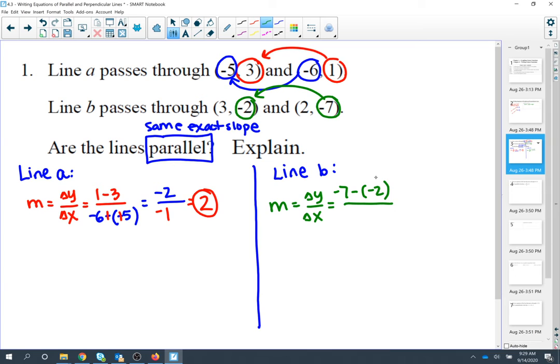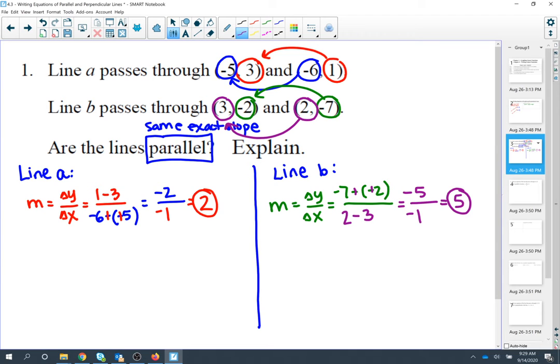And again, be careful of those negatives. 2 and 3, 2 minus 3. -7 minus -2 is going to be -5. And then 2 minus 3 is -1, which ultimately is going to give us 5. So my first line has a slope of 2. My second line has a slope of 5.